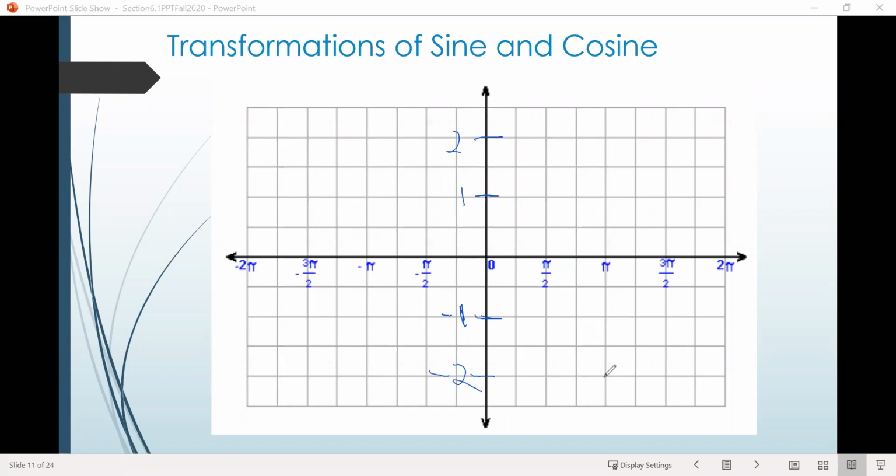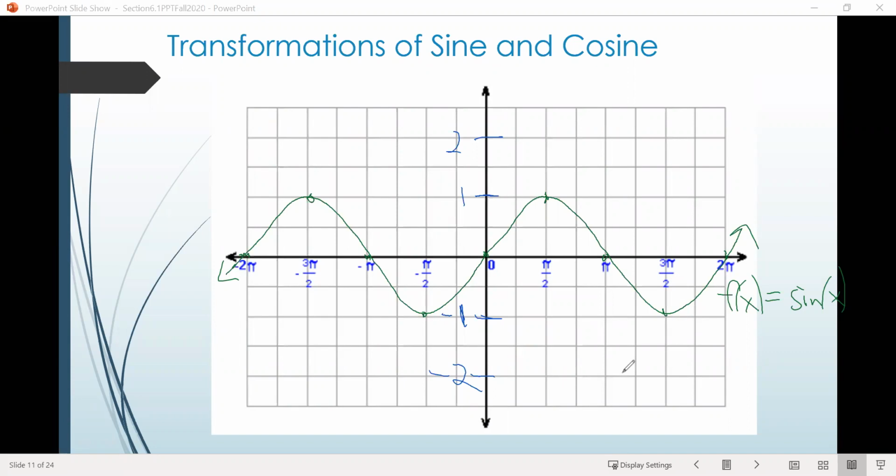And then we saw that the basic shape of a sine function or a sine wave looked something like this. So here in green, I'm going to call that function f of x equals sine of x. And we're going to look at what happens if we do some transformations here.